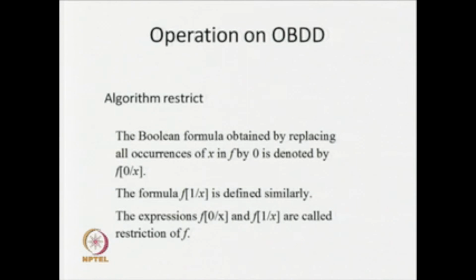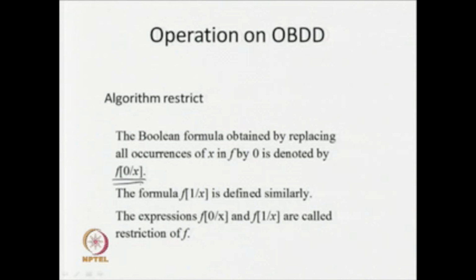Now, we have seen the apply algorithm, and we are going to look at another issue. A Boolean formula obtained by replacing all occurrences of x in f by 0 is denoted by f with x replaced by 0.